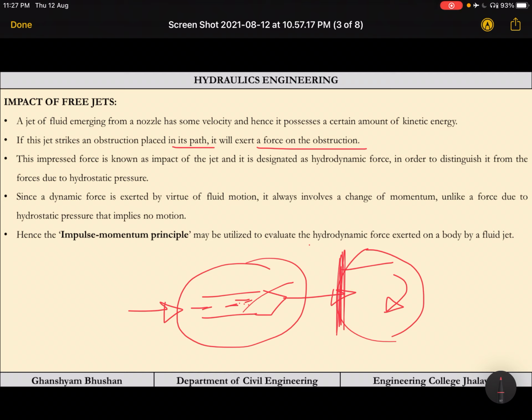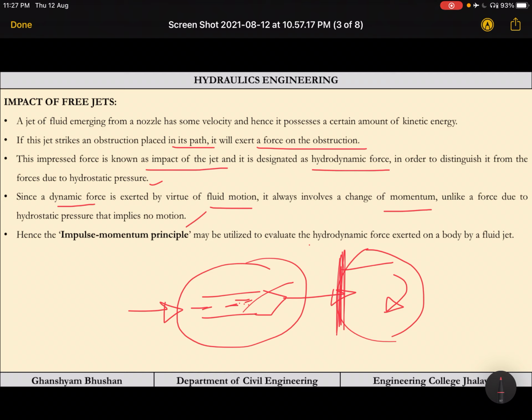This impressed force is known as the impact of the jet, and it is designated as hydrodynamic force in order to distinguish it from the forces due to hydrostatic pressure. So this is very simple. Now, since a dynamic force is exerted by virtue of fluid motion, it always involves a change of momentum, unlike a force due to hydrostatic pressure that implies no motion.